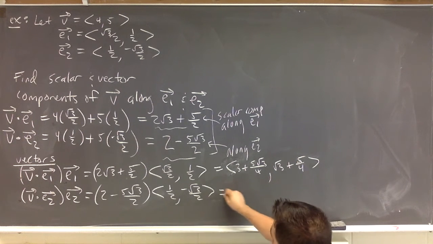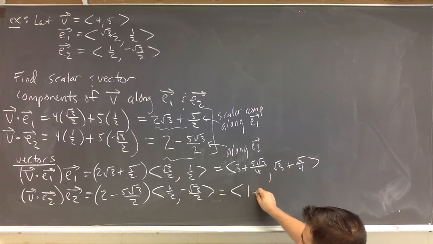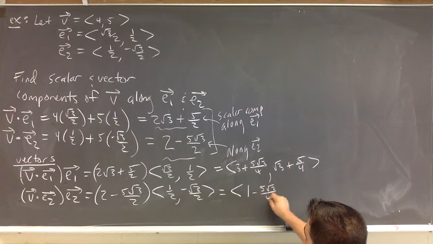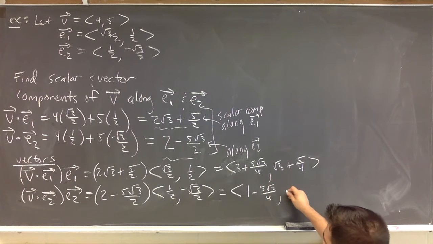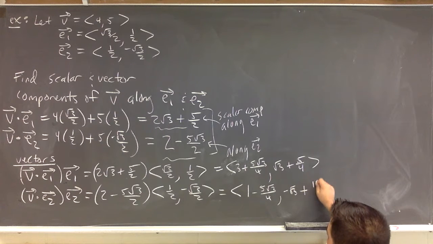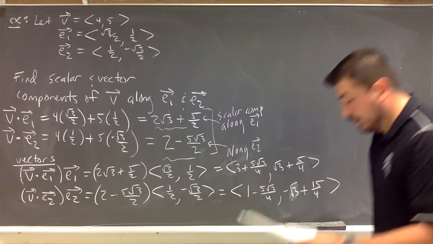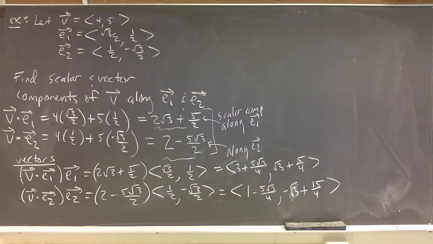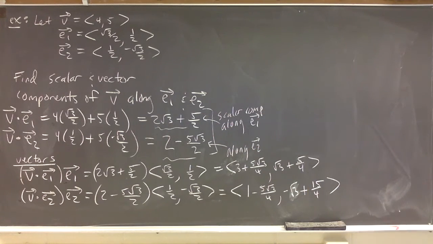And now for the second one, you will get (1 minus 5 root 3) over 4, and now you will get (negative root 3 plus 15) over 4. All right, so these are the scalar components. Now you take those scalars, multiply them with the original vectors, and these are the two vectors that we're talking about. Okay.